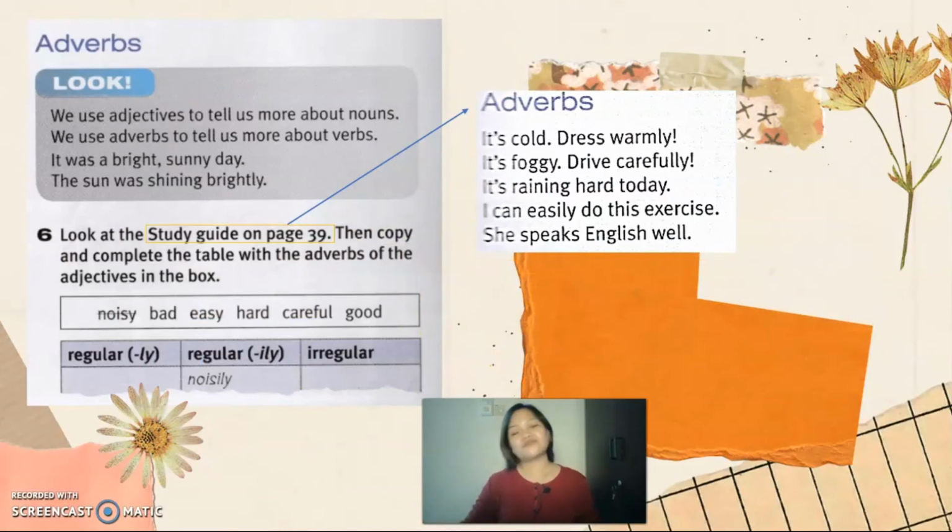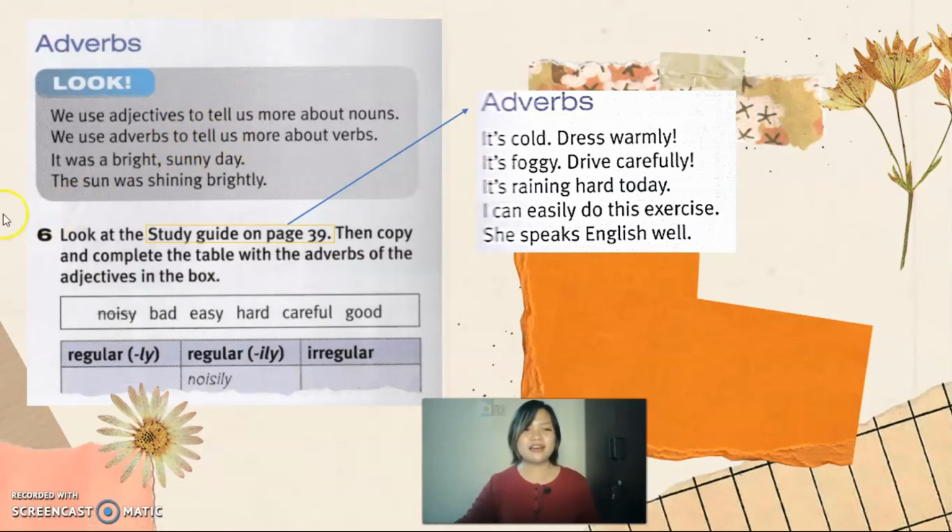Alright, for this one, adverbs. We use adjectives to tell us more about nouns. And we use adverbs to tell us more about verbs. Okay, for example, it was a bright sunny day. So bright and sunny are adjectives to tell us more about the day, which is a noun.